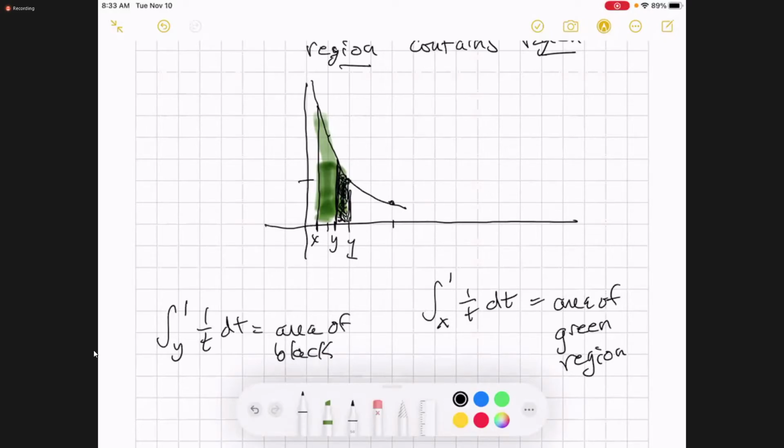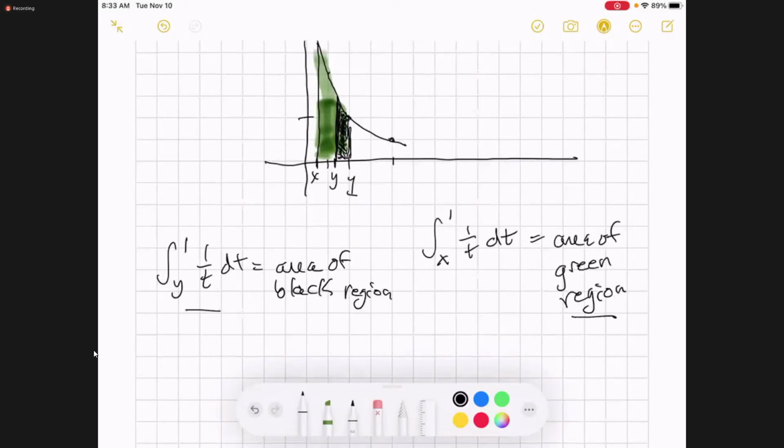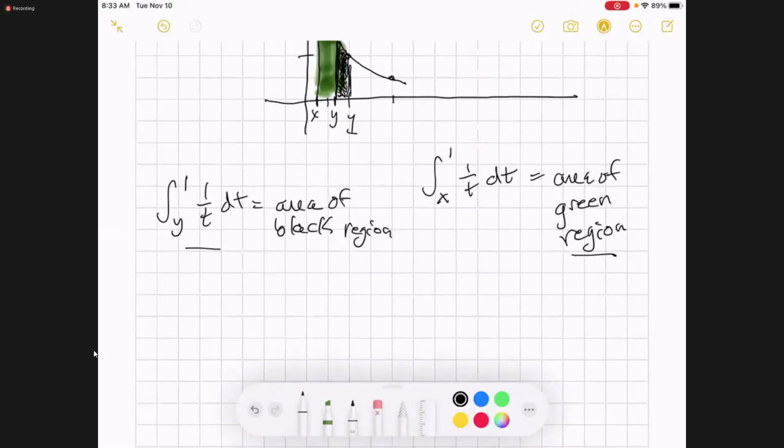So yeah, this region is a subset of that region. That means that this area is less than that area. Oh, and I'm pointing with my pencil and you can't see any of that. Okay, so let's write that down. The integral from y to 1 of 1 over t dt is less than the integral from x to 1 of 1 over t dt. Because those represent regions and one's a subset of the other.